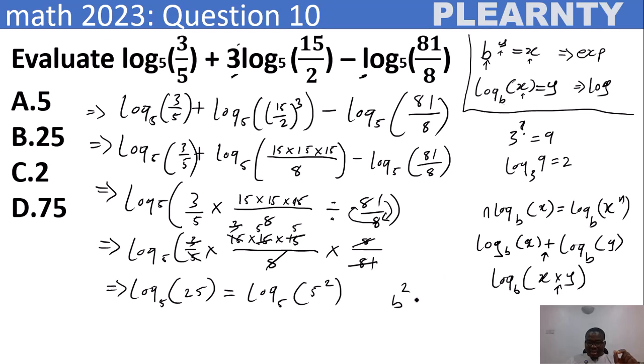Our x is 25. So we have 5 raised to power 2 equals 25. So automatically, if we are now saying what is the log base 5, which is our b here, of x, which is 25, our answer is going to be y, which is this power that we have here. So this expression, the answer is 2, and that is why C is the correct option.